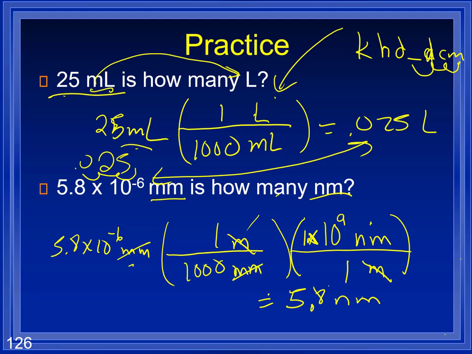So the second one's got deciliters to centiliters. That's 2 prefixes. That means it's going to take 2 steps. So I start off with the 499 deciliters. I write that down. And then I take my equation editor. And it was decimeters.